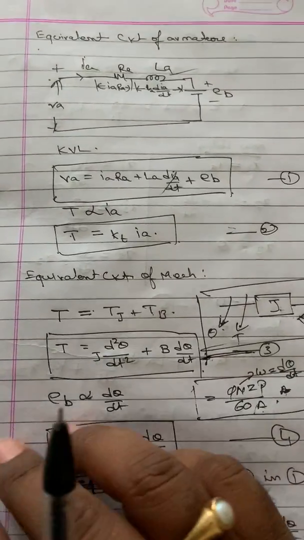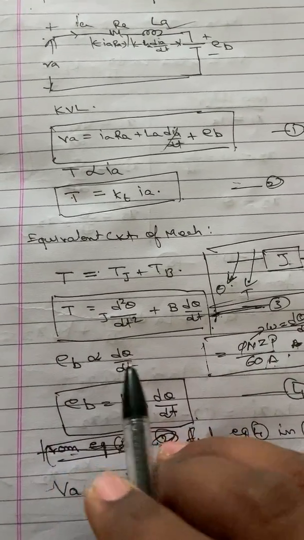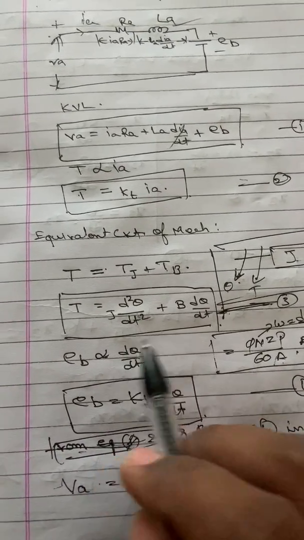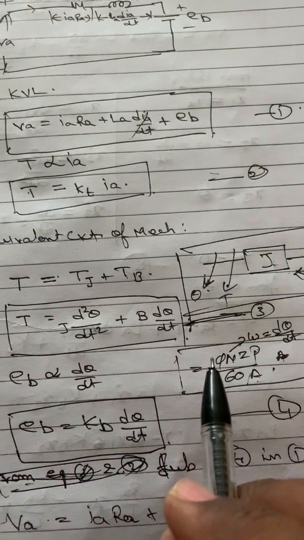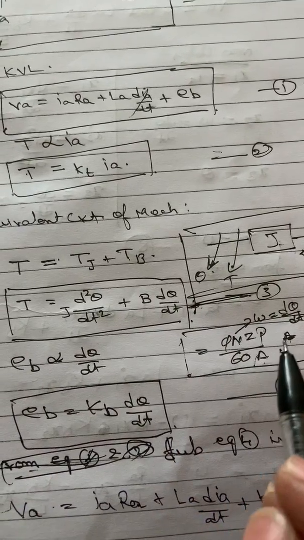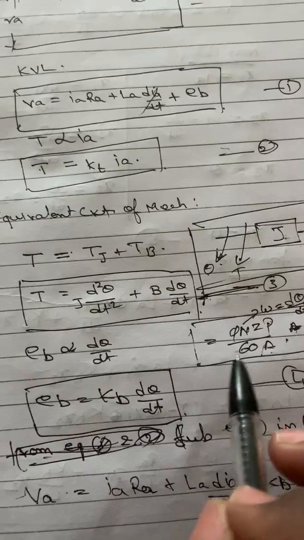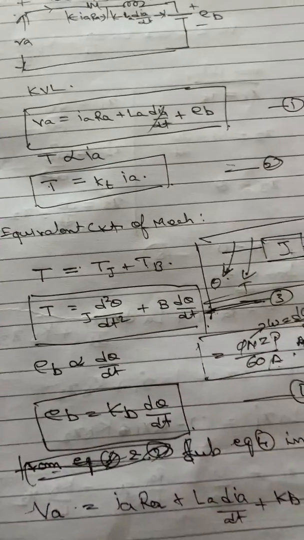The other equation is that the back EMF is proportional to the angular displacement, or you can also call it speed. You can recollect your equation: back EMF is written as phi NZ P by 60 A. From this equation, all terms are constant, because we are using the armature current, flux is constant.